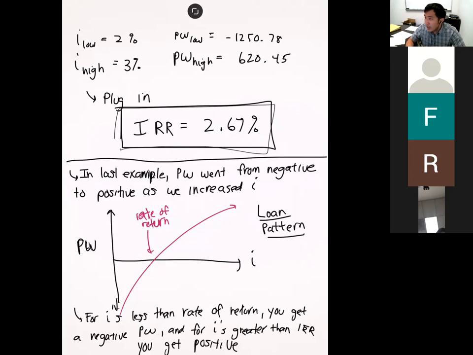Versus if you have an interest rate greater than your rate of return, you're going to end up with a positive present worth. You can expect this trend for any loan, anything that looks like a loan. Any questions on this?